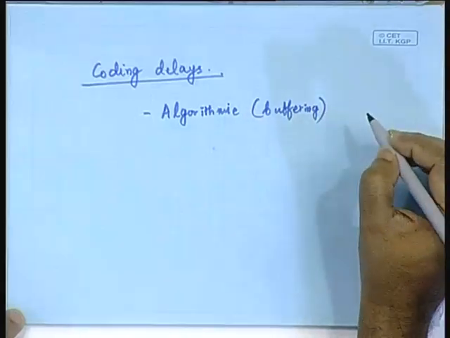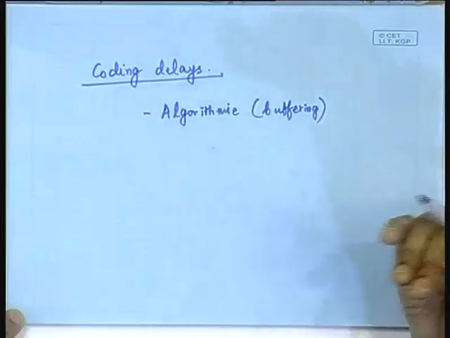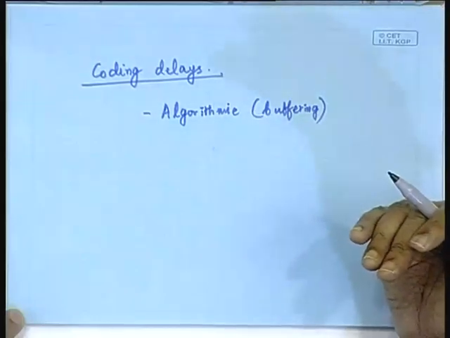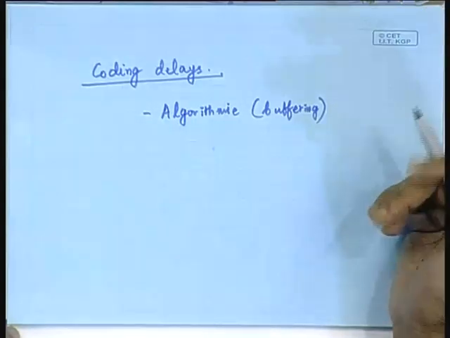Your algorithm may require analysis of the past samples, and if several past samples are to be used for the analysis, you have to have some kind of buffering, or if you want to measure some statistics, you have to store it for some time. So, the buffering is required, and algorithmic coding delays are very much possible.